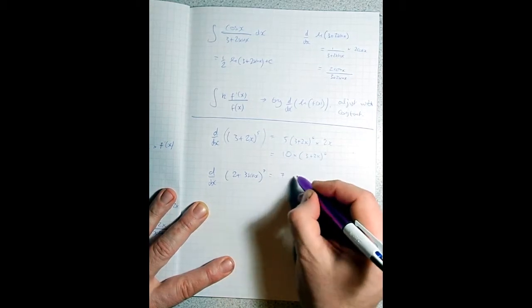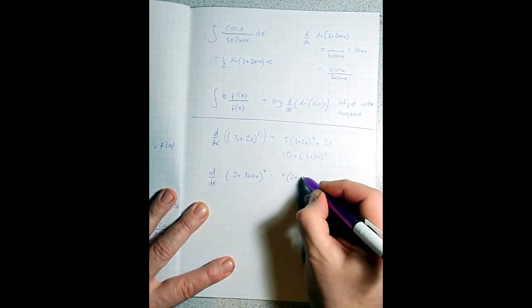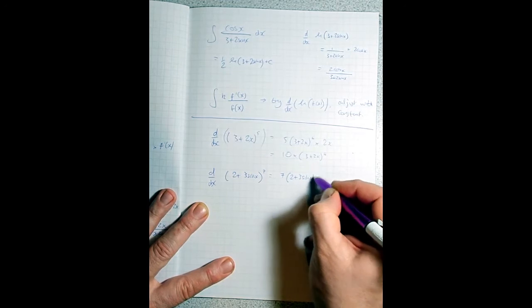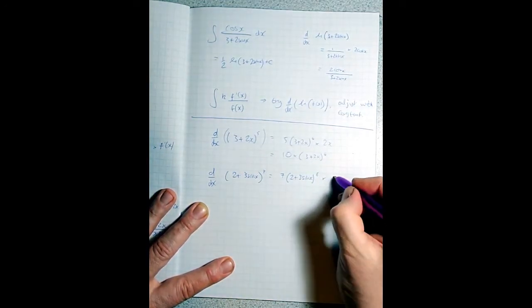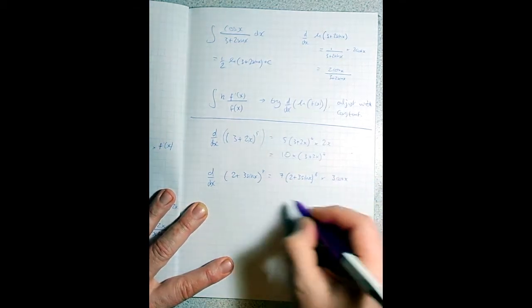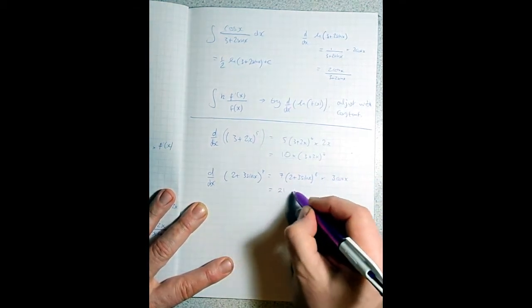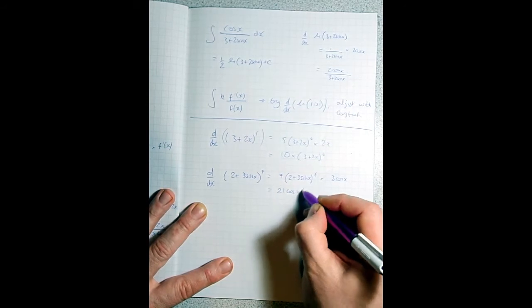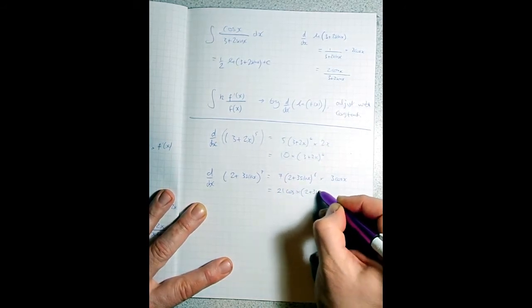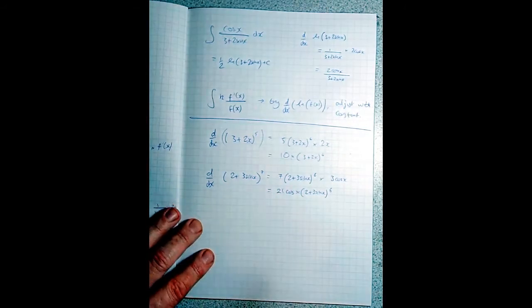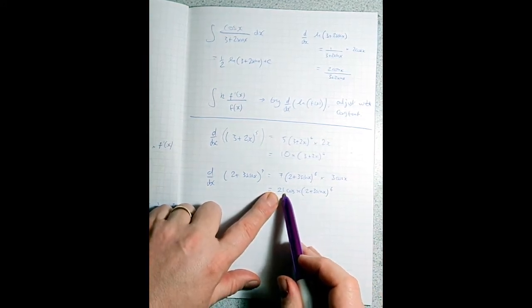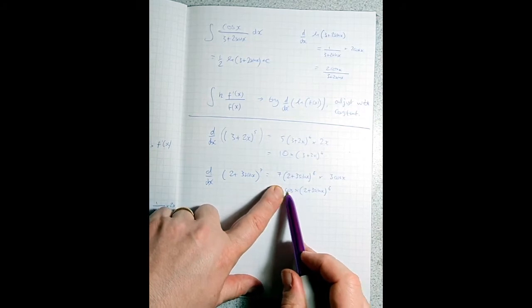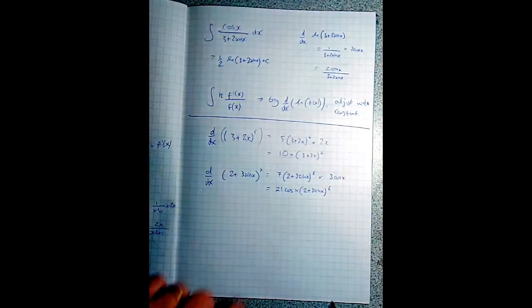Differentiate the whole thing. 7 times 2 plus 3 sine x to the 6 multiplied by the derivative of the bracket, which will just be 3 cos x. So that's going to be 21 cos x times 2 plus 3 sine x to the 6. Now again, I'll notice, ignore the constant because it doesn't really matter, we can multiply by a constant to fix things, but cos x is the derivative of the bracket.